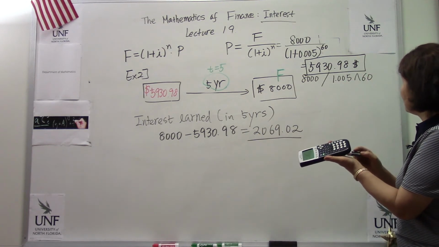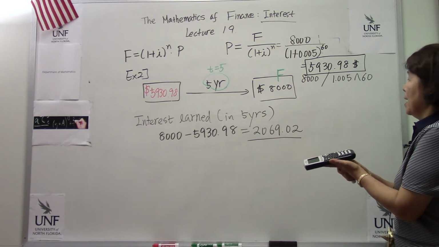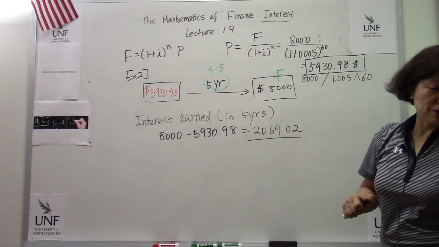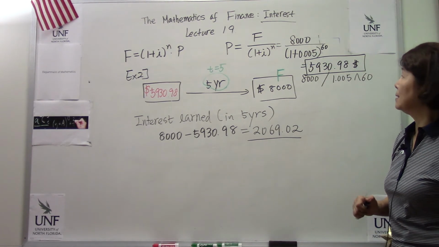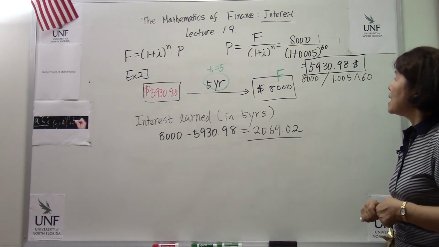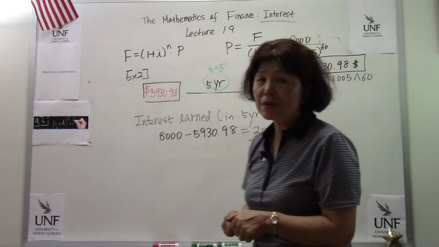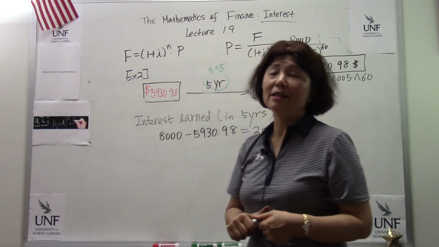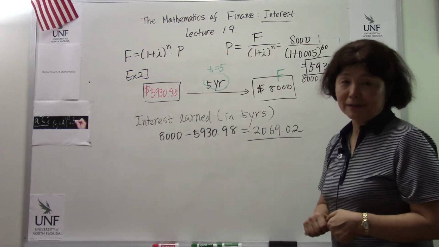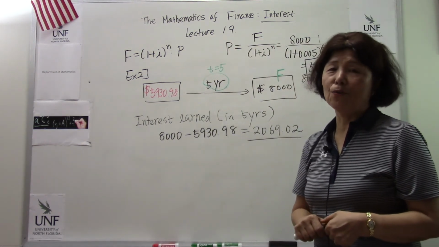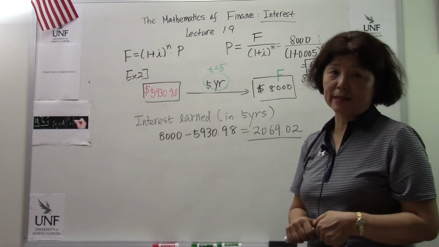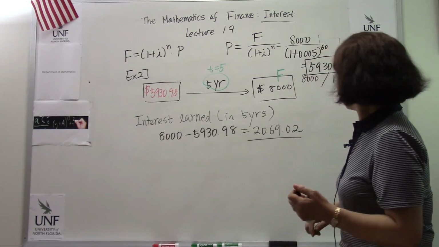That is a very, very generous amount of interest, because we started with 6%. Right now, how much is the bank going to pay you? Very, very little, like 1%, 1.2%.